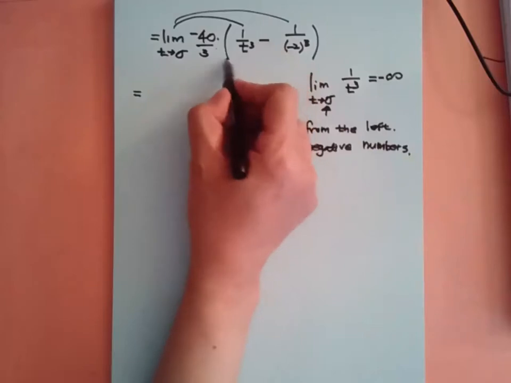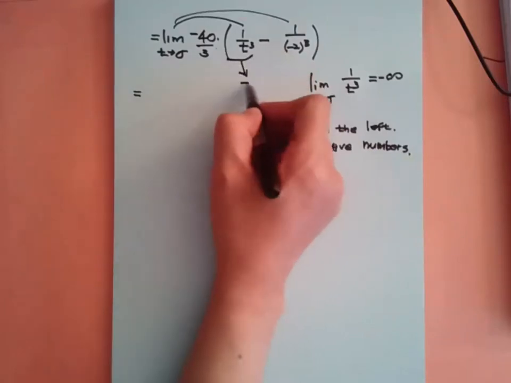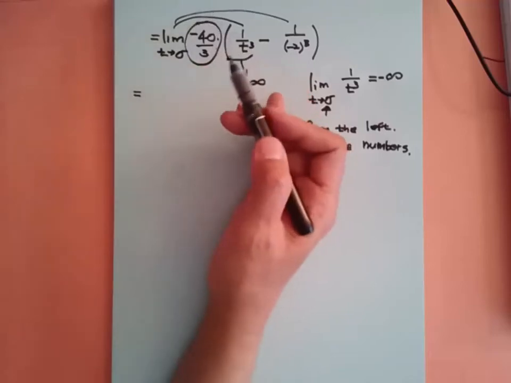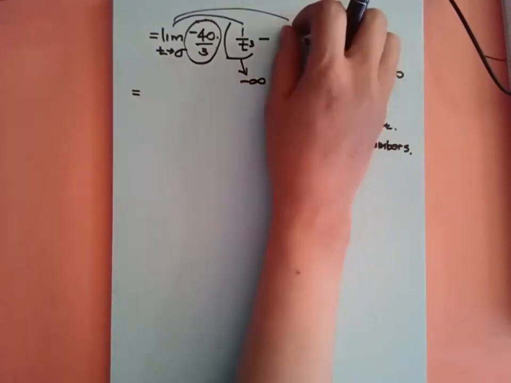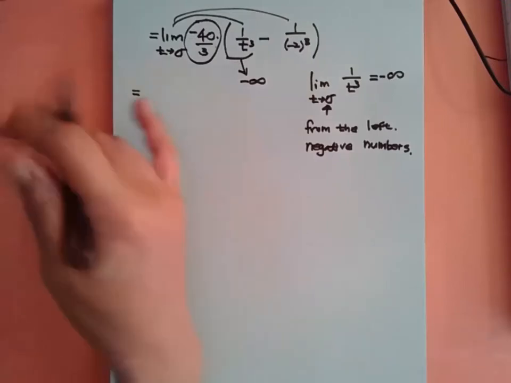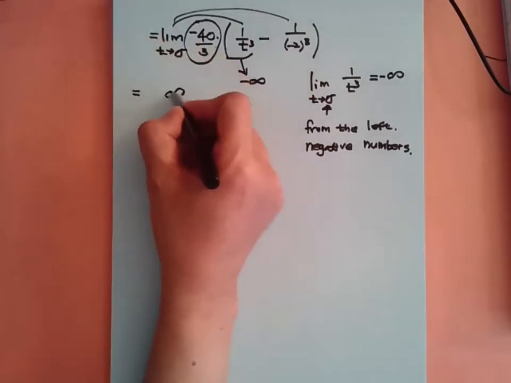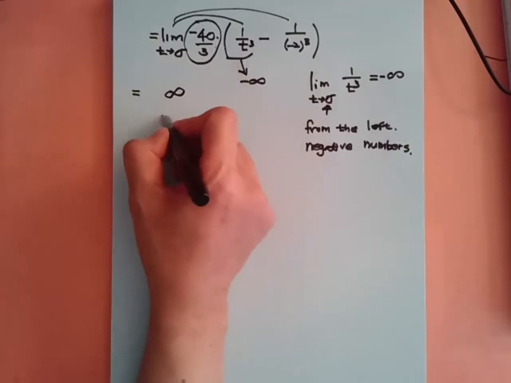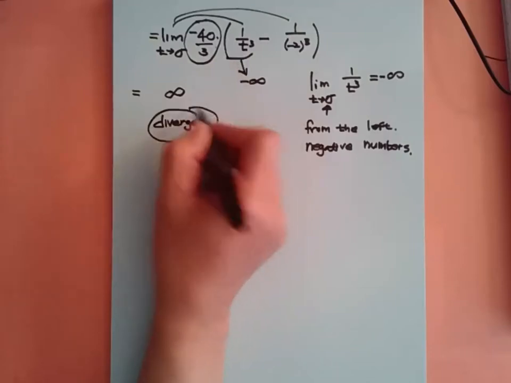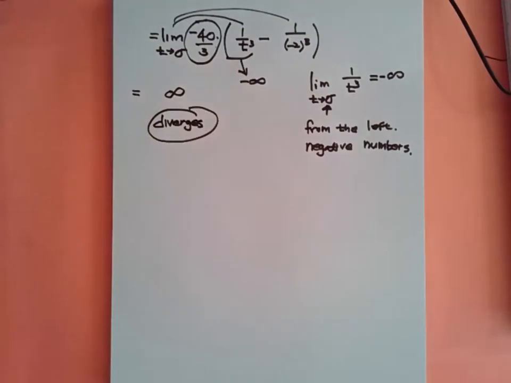So this part would diverge to negative infinity, but a negative number is multiplied. And we don't really care about this part because we already got infinity. So it just diverges to infinity. So it is just diverging. Any question?